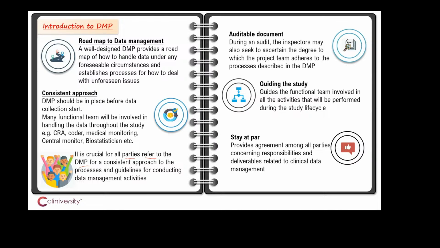So the DMP would usually talk about what is the usual matrix. Let's say if the data managers are unable to get the queries resolved or the issue resolved through their queries, then this goes into a central issues tracker document. Now, that issues tracker document has to be either shared with the CRAs, the site monitors, or the lead data manager has to share it with the sponsor for further guidance on how these actions should be taken.